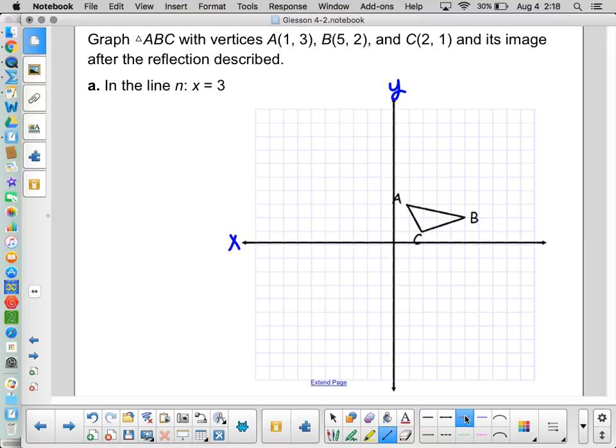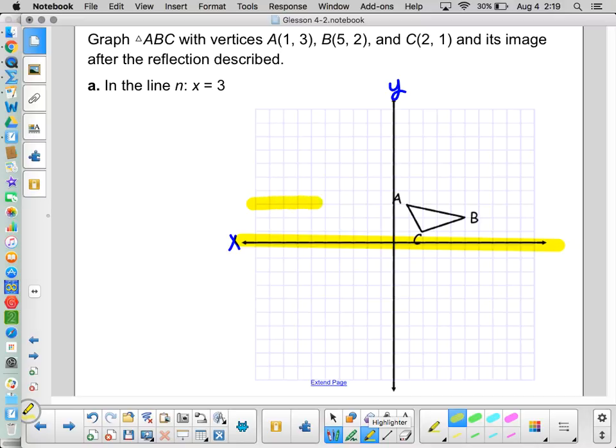So what I'm going to do is figure that out very quickly. Well, my x-axis is here on the horizontal. There's my x-axis. So x equals 3. It wouldn't make sense to be up here because the x doesn't equal 3 all the time. That's not what it's saying. What makes sense is that x equals 3 when we look at it.